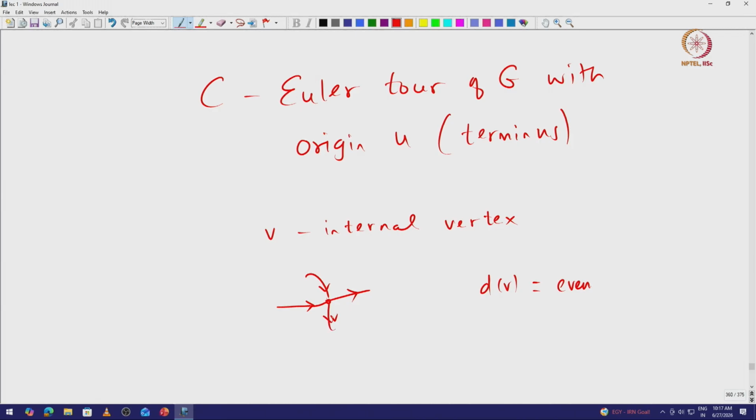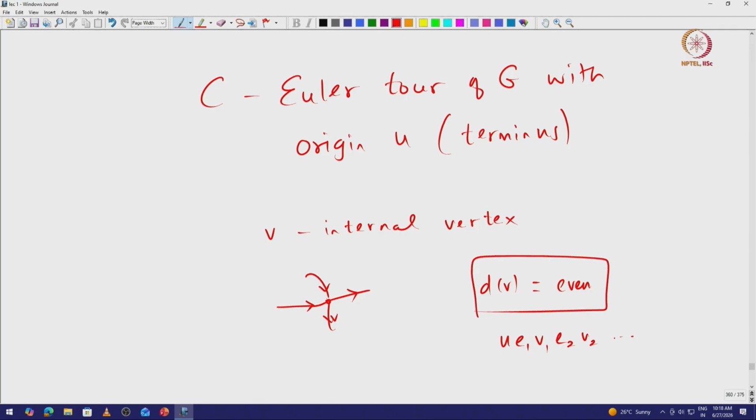If we pair them in this Euler tour, which is just a closed trail, and write it as U E1 V1 E2 V2 and so on, then it is clear that we can easily pair an incoming edge with an outgoing edge. That gives an even count for the degree.